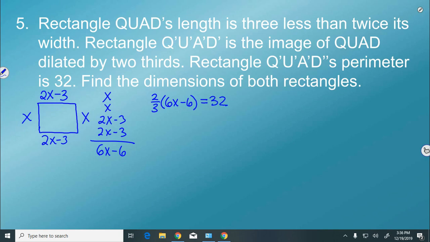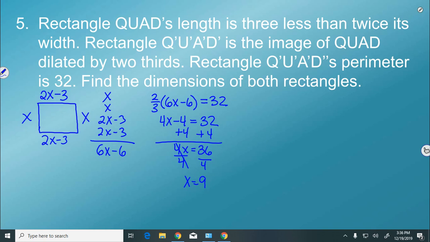So 2/3 times 6x is 6 divided by 3, which is 2, times 2, which is 4x. So it's 4x minus 4 equals 32. Add 4 to both sides. We get 4x equals 36. Divide by 4, and we get x equals 9.